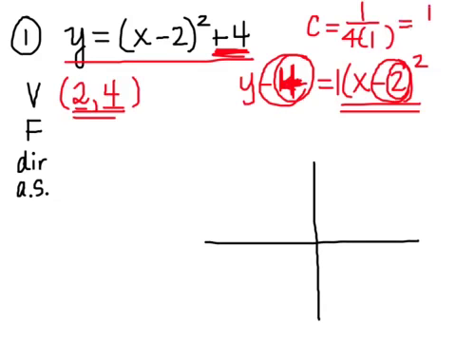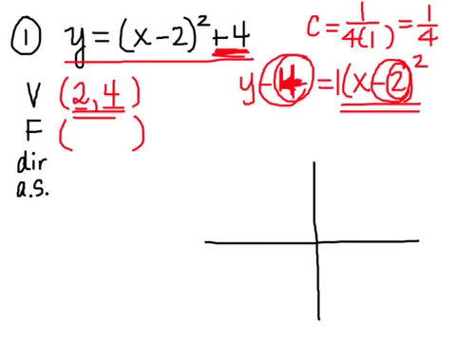And that makes C 1/4, and so what we do with that C is we add it to either the H or the K.